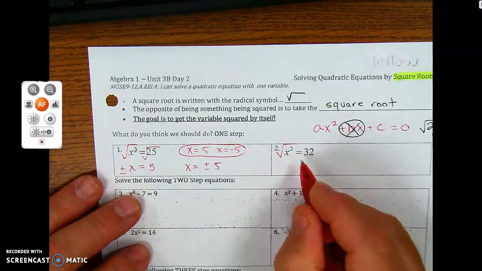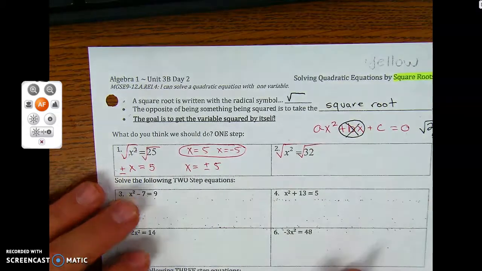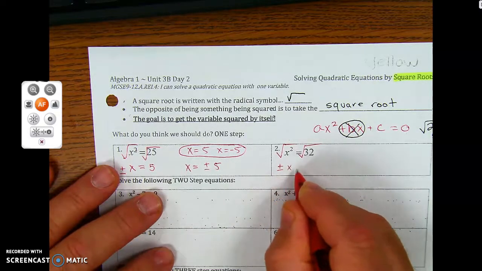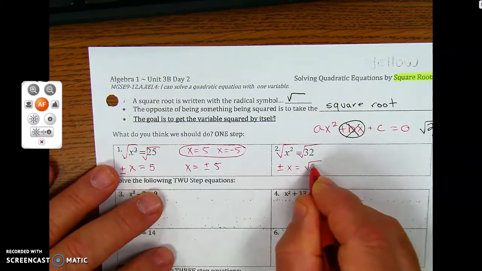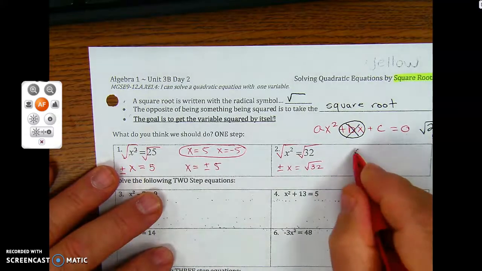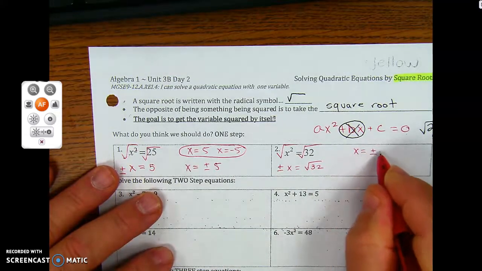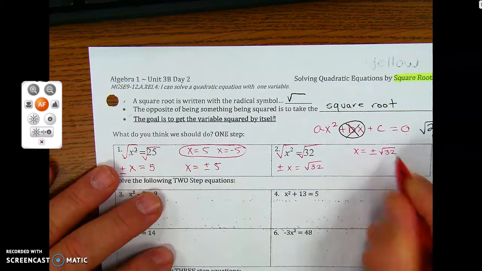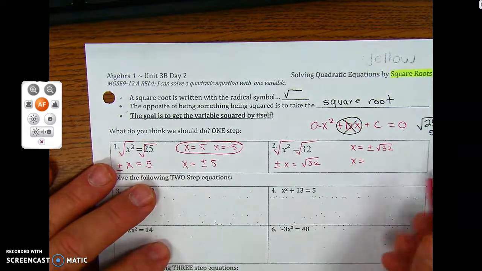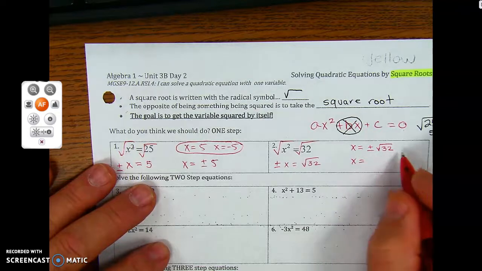Now, this next one is tricky because 32 is not a perfect square. Here we get the square root of 32. Let's put the plus or minus over here on the other side: x equals plus or minus the square root of 32. I'm going to simplify this in my head, but you'll probably use your calculator.